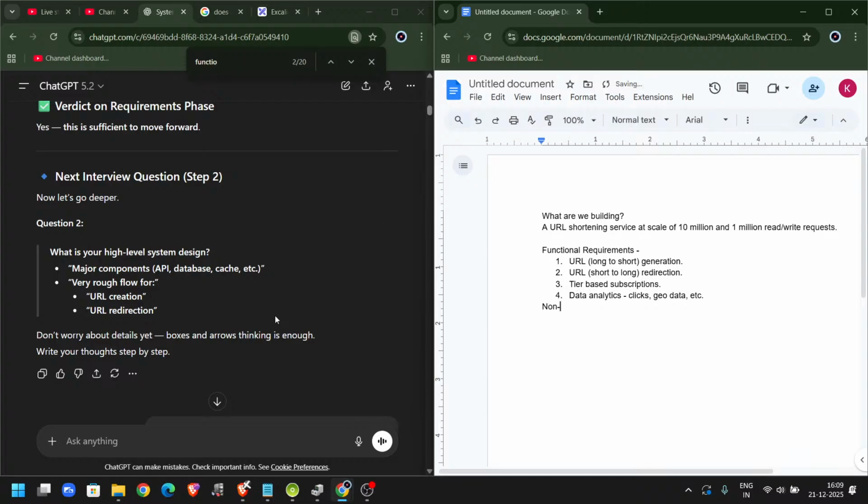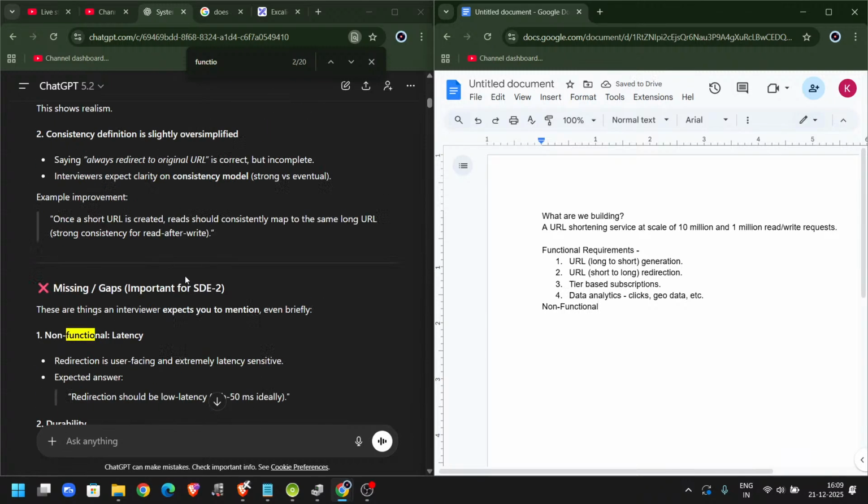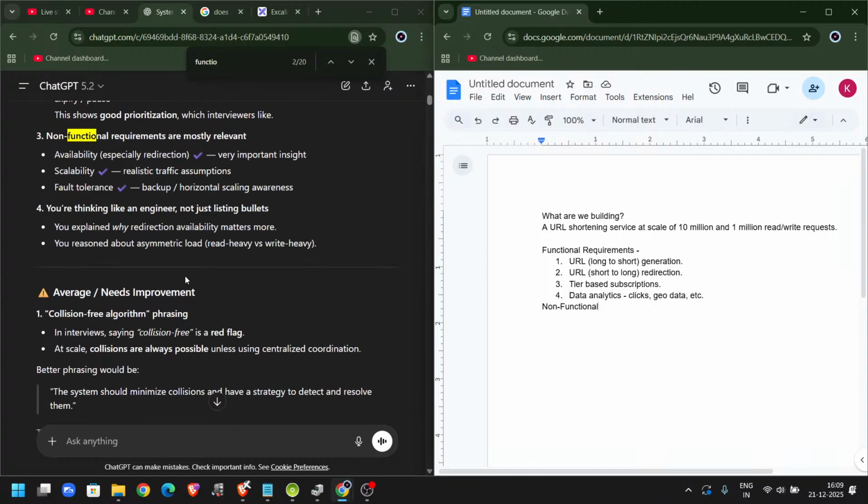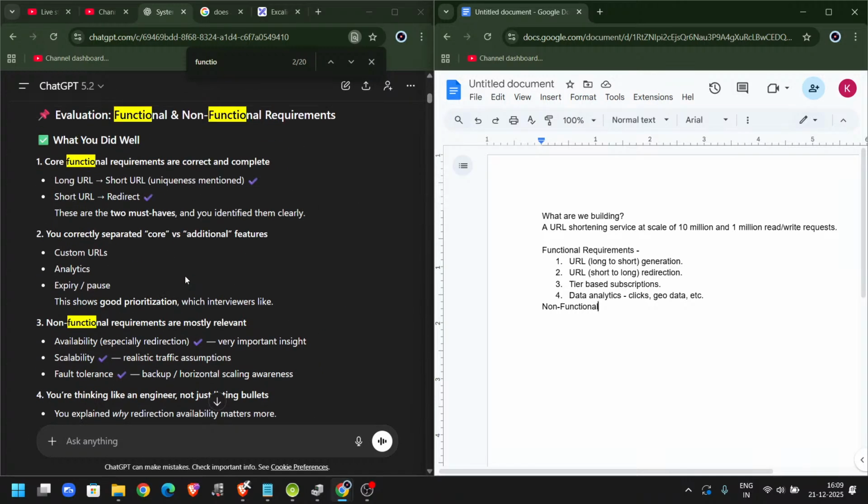And non-functional. इसने क्या बोला था फंक्शनल में जो हमारा इशू था? अरे कैश नहीं, URL expiry, URL pause/expiry etc. ठीक है, नॉन फंक्शनल रिक्वायरमेंट्स में आ गया.